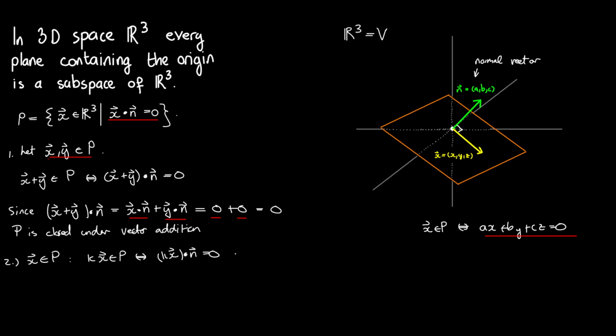And this is going to be true because the dot product will commute with scalar multiplication. In other words, this here is just equal to k times x dot n. And this is k times 0, which is just equal to 0. So since this is true, that shows that P is actually a subspace of our vector space.